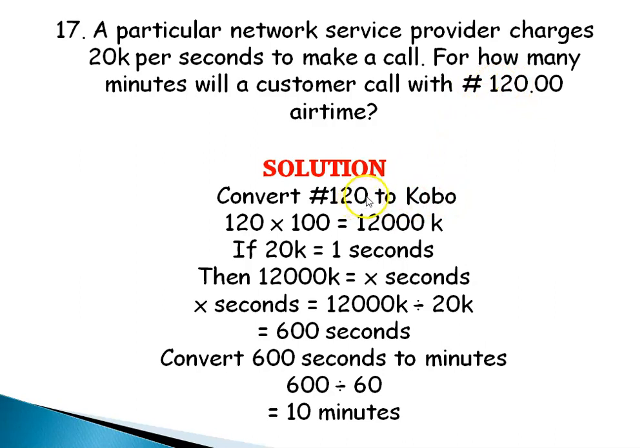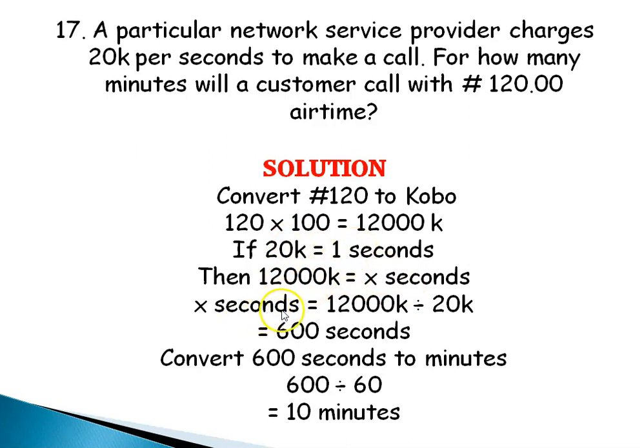You know 100 kobo makes 1 naira. 120 times 100 will give us 12,000 kobo. So this is the amount spent now. So if 20 kobo is equals to 1 second, then 12,000 kobo will be equals to x seconds. Let's cross multiply. This will give us 20x is equals to 12,000 kobo, isn't it?